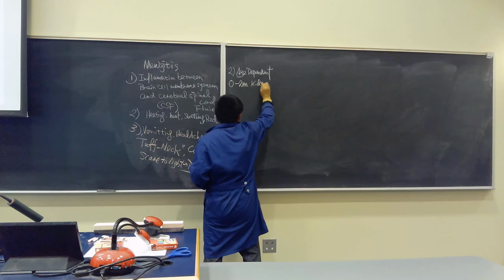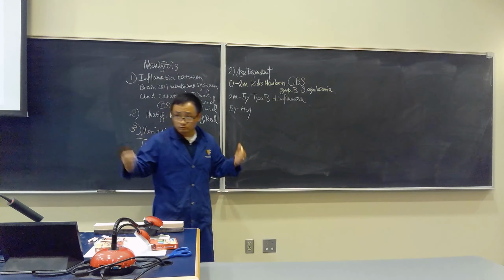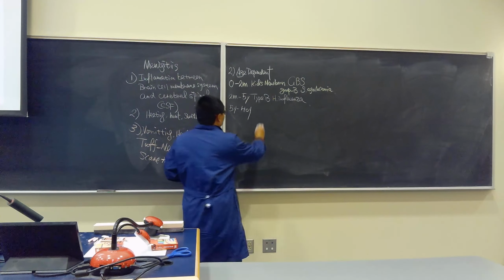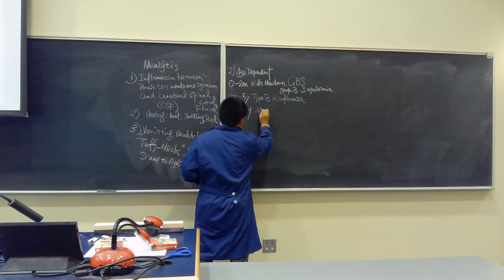If it's adult, 5 years to 40 years old, like most of you, 20s, the pathogen is Neisseria meningitidis.